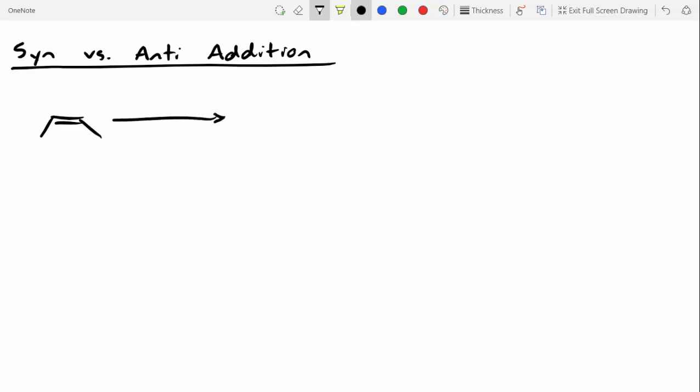This time we're going to add X and Y. So I'm going to label X as blue and Y as red. We could have one where they add to the same face. So we could have Y over here, and we could have X over here. And we could also end up with an enantiomer, assuming X and Y are different.